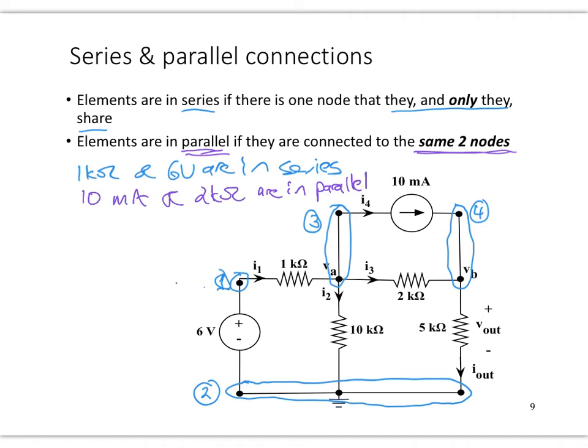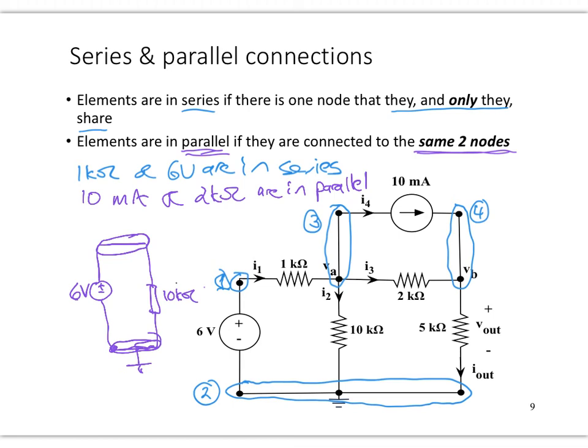Note that all elements that are connected in parallel share the same voltage. So if we had, for example, a 6-volt source and it was connected to a 10 kilo ohm resistor, then we can see they share this expanded node and this expanded node.